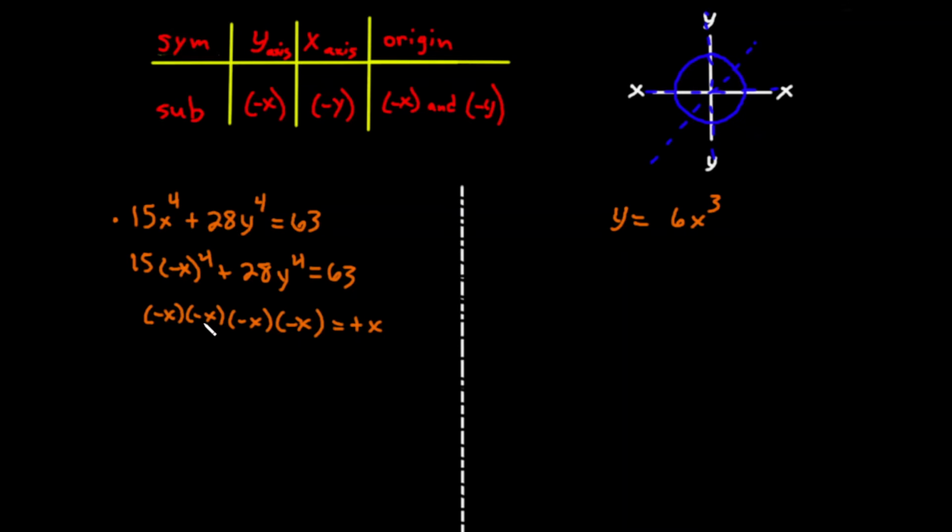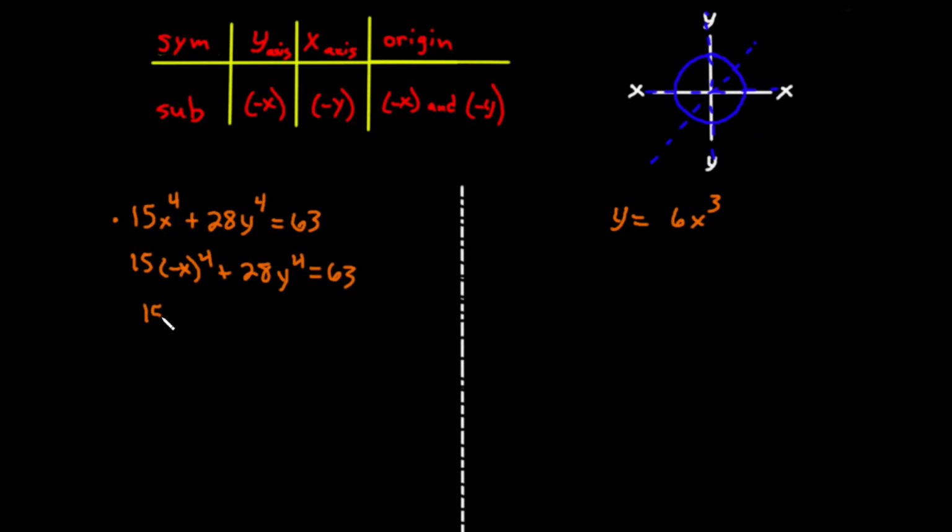So a negative times a negative is a positive, times another negative is a negative, times another negative is a positive again. So this is a positive x to the, how many x's do we have? 1, 2, 3, 4. Positive x to the fourth power. So looking at it that way, we know we're going to end up with a positive x to the fourth again. And isn't that what we had in the beginning?